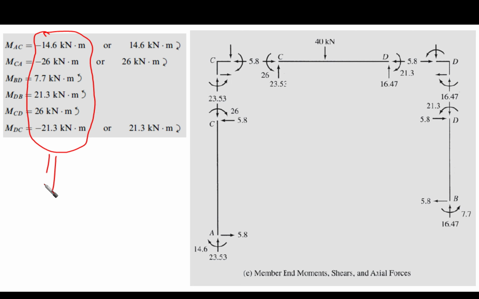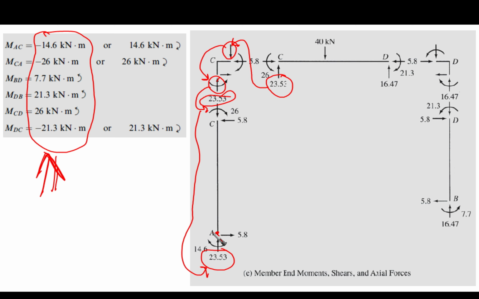Okay, actually it is enough for you to get these values, and then the reactions you are going to obtain easily, because if you know the end moments here, then from the equilibrium of the joints you are going to have the shear on the beam, and then from this shear of the beam you can reflect it on the joint, and then reflect it on the other part of the joint, and then reflect it on the column, and then reflect it on the bottom of the column.